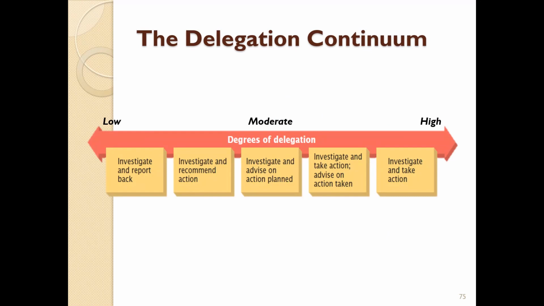Delegation continuum, from low to high degree of delegation. When you organize your company and you set up special people in charge of special things, then fine.